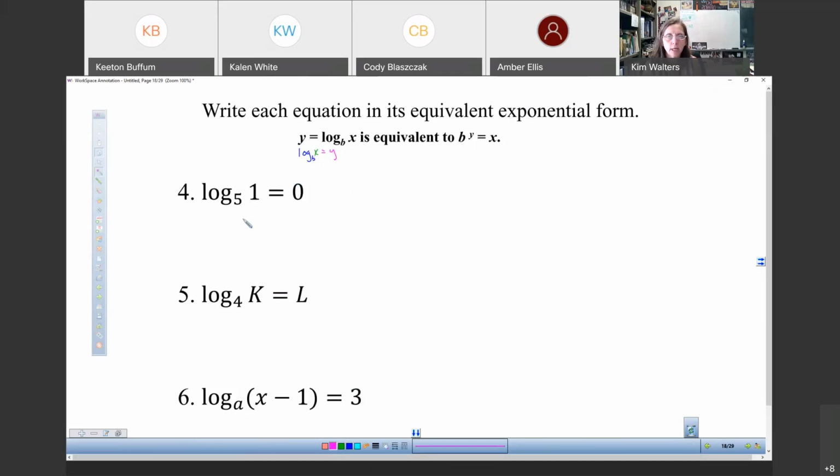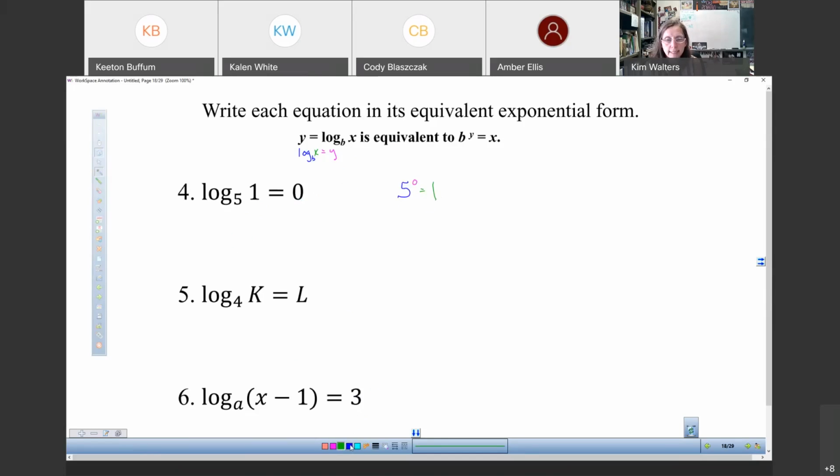That's okay. All right. So here's where I was talking about the little circle thing. I can actually do that little circle thing here if you want to. So here's my base, 5, to the value of the logarithm, which is 0. So 5 to the 0 is equal to 1.